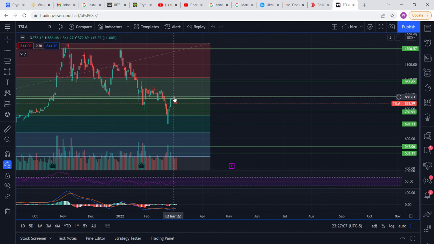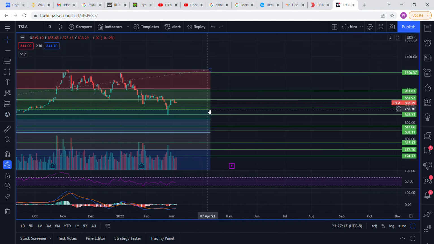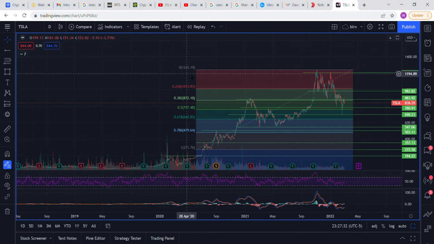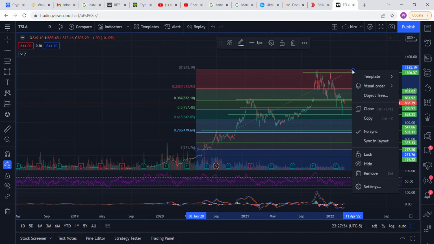Look, you see? So this is going to be another big level right here. And then I would be looking at potential buys here to see if we have some type of reversal to go back to the upside. Anyways, that is the support and resistance that I wanted to show you.